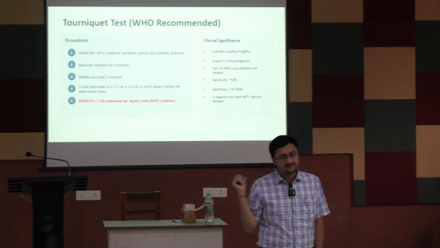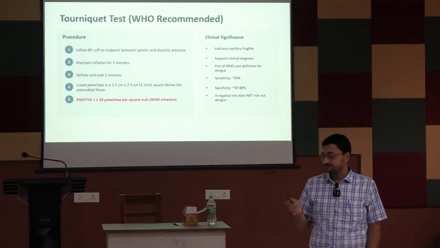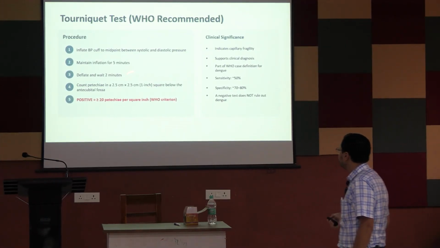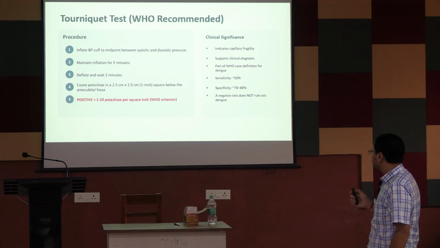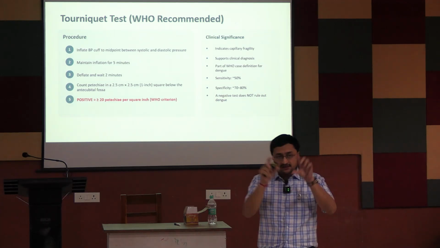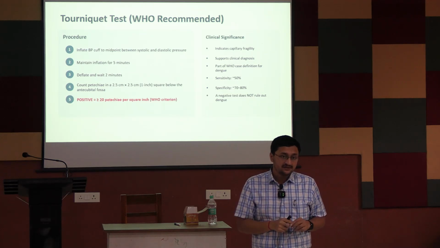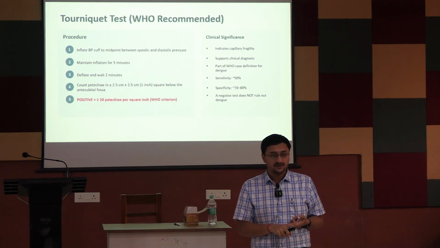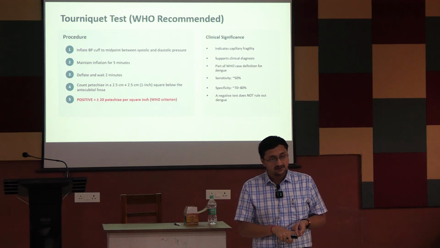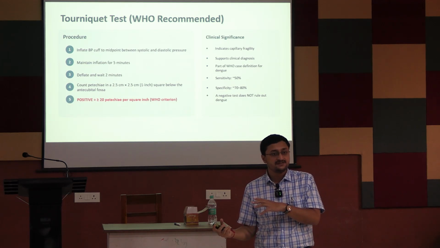The size is definitely important, but you cannot measure that size, right? If in a definite square of 2.5 by 2.5 centimeters below the antecubital fossa there are more than 20 petechiae, then this is positive, okay? The tourniquet test has low sensitivity but high specificity, okay?